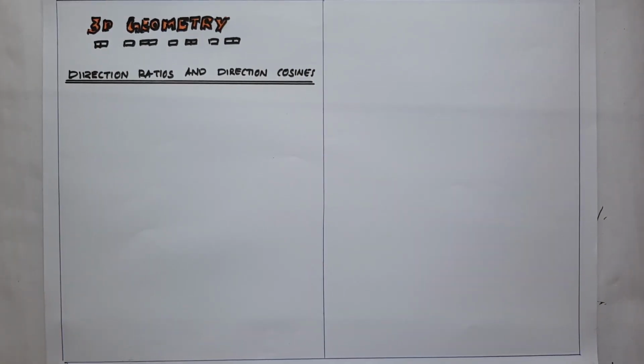Now we start our next chapter, three-dimensional geometry, 3D geometry. Actually this chapter is a continuation of your first year topic, three-dimensional geometry, where we already discussed what is a distance formula, section formula and centroid in a three-dimensional space.